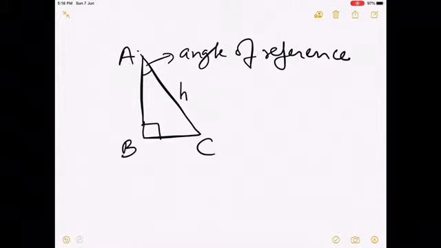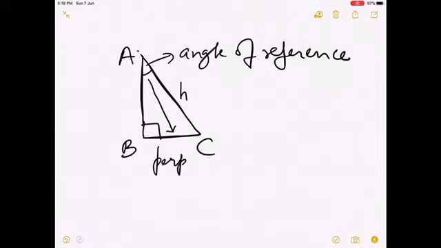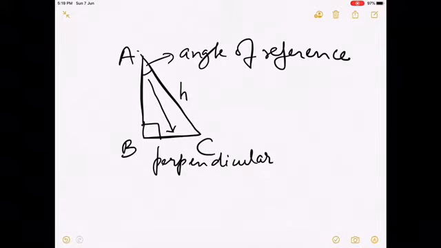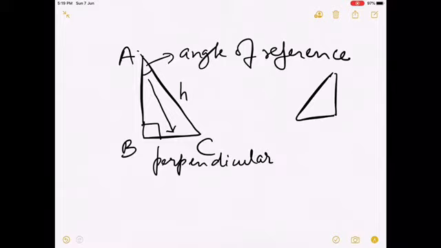Now if angle A is the angle of reference, then the side opposite to the angle of reference is known as perpendicular here. Now some of you may not agree with this with your present knowledge. You may be thinking that perpendicular is a side. If I draw a triangle like this, then this side is known as perpendicular here. But that is not true.